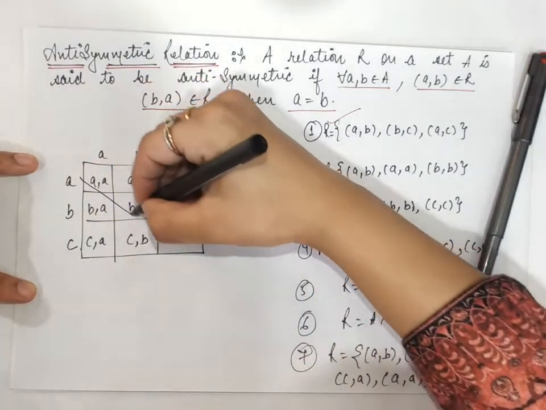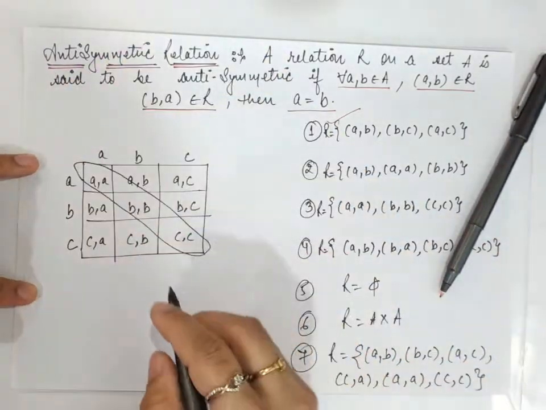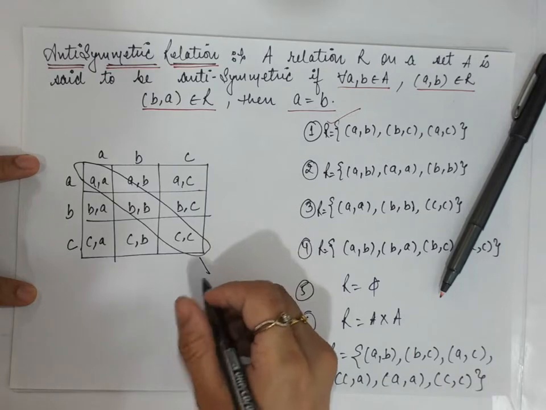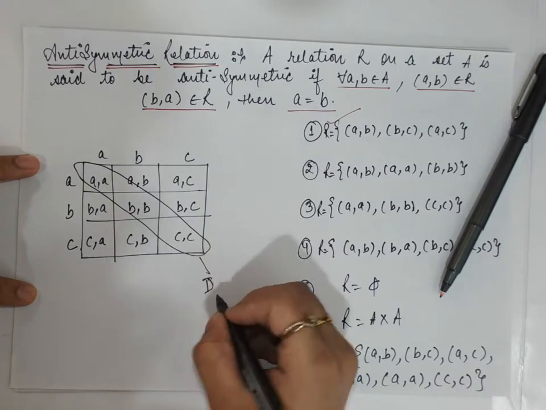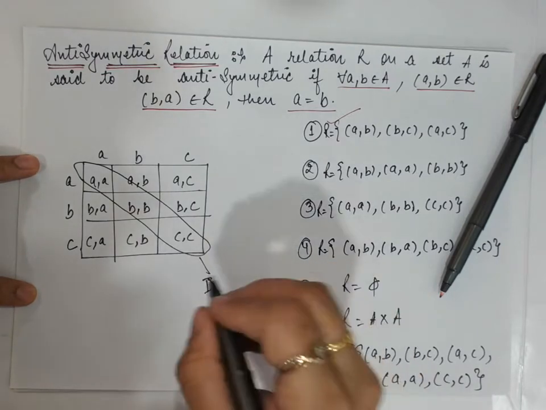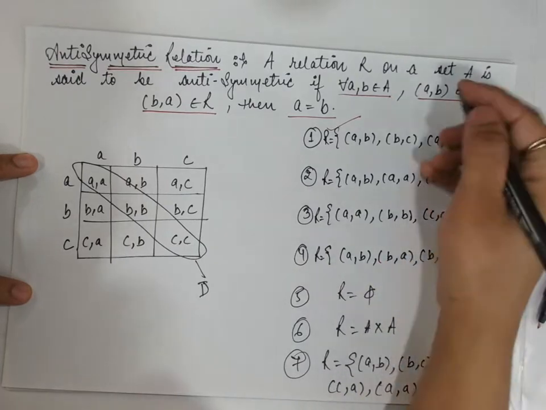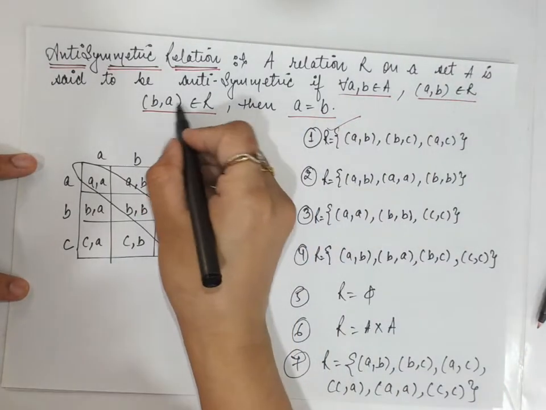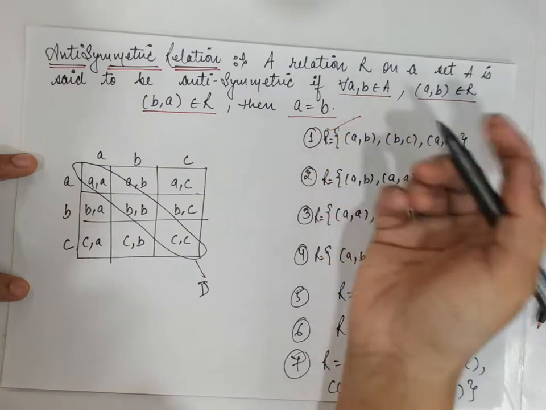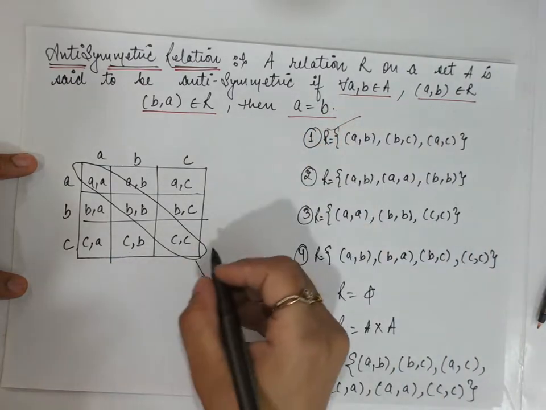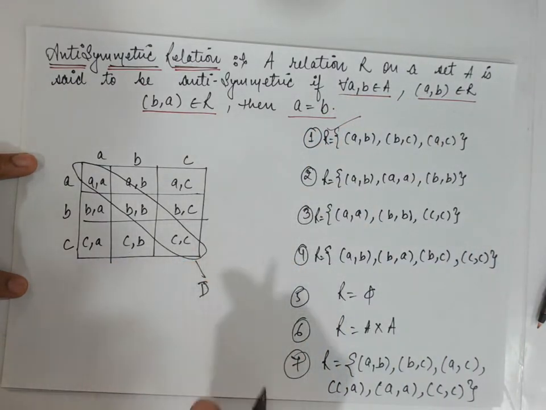These are the diagonal pairs. Antisymmetric allows the diagonal pair. Why? Because the condition says if (a, b) is present in a relation and (b, a) is also present, then in that case a is equal to b.